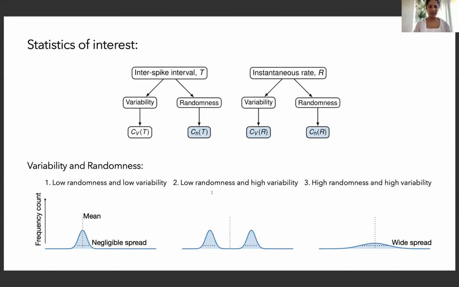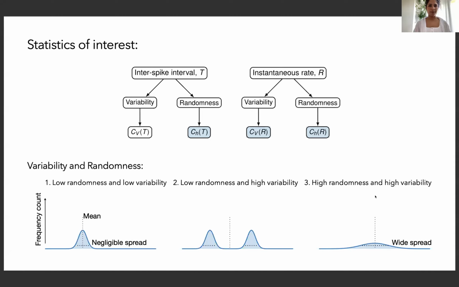In the second instance, the variability is high, the peaks are far apart, but the randomness is low because the data has really predictable values, either this or this. In the third instance, the randomness is high, and because the spread of the data is wider, the variability is high as well.